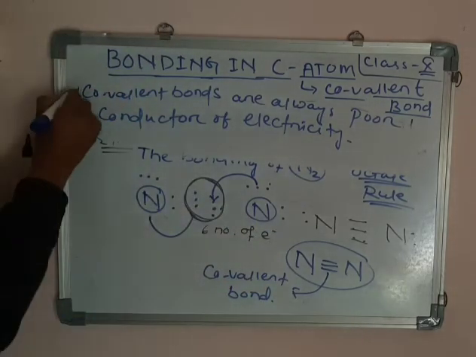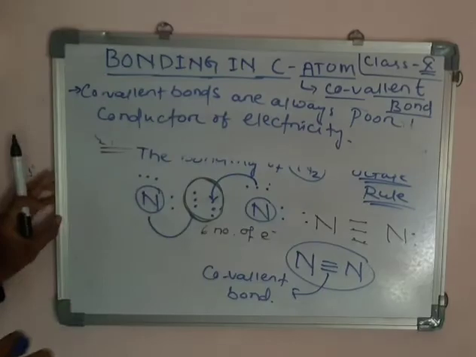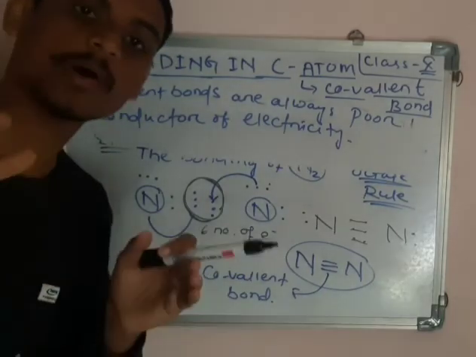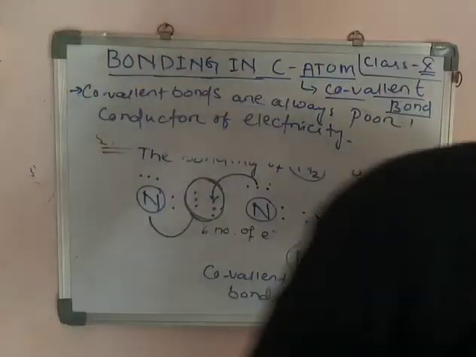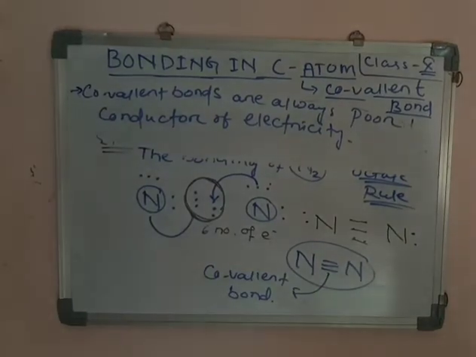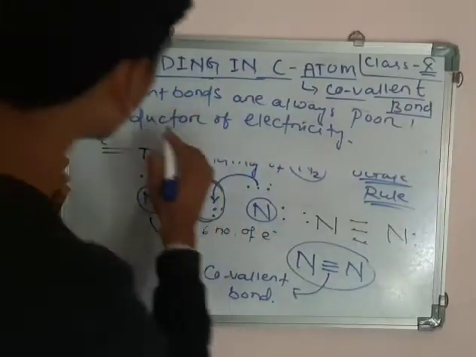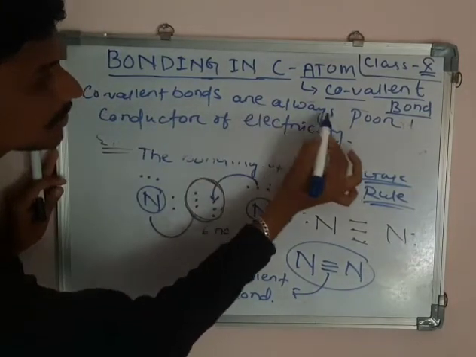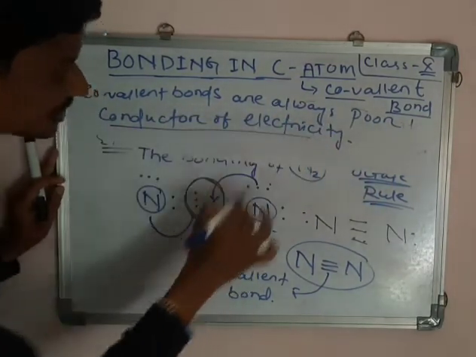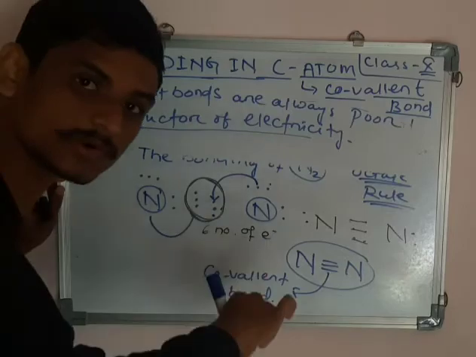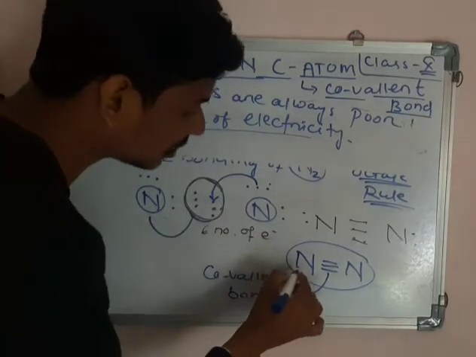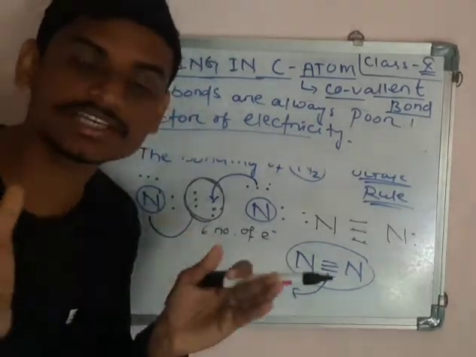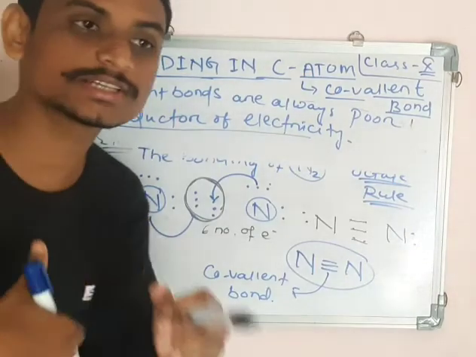Covalent bonds are poor conductor of electricity means what? The compound formed due to the covalent bond is a poor conductor of electricity, because in case of covalent bond, electrons are sharing with each other, not donation of electron.